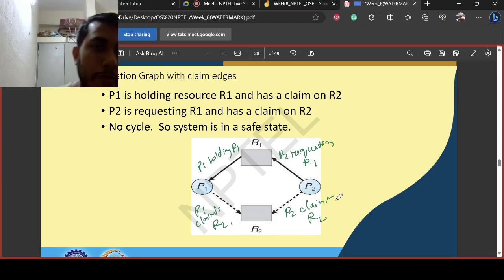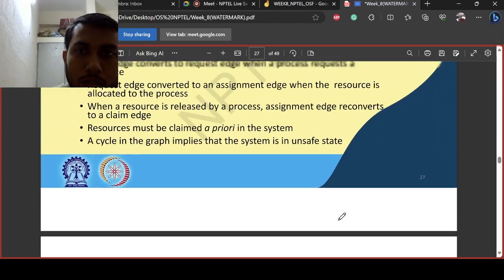Okay, so that is basically what it says.